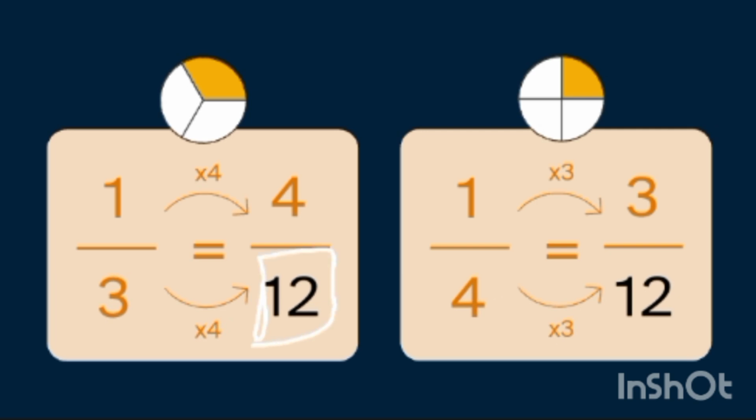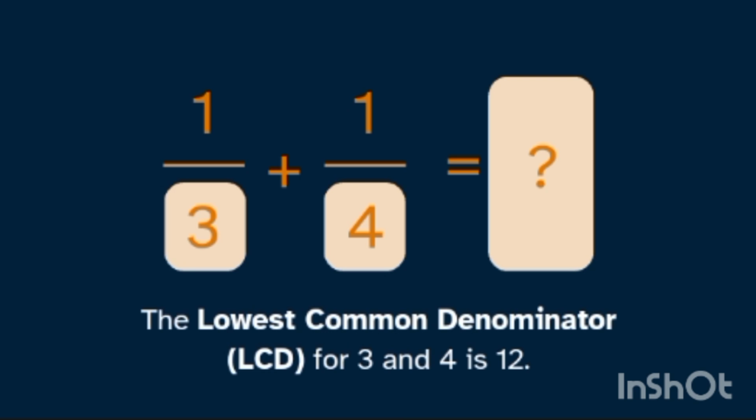Now you have 12. What you need to do now is see what you will multiply with 3 to get 12, because 3 was your first number.